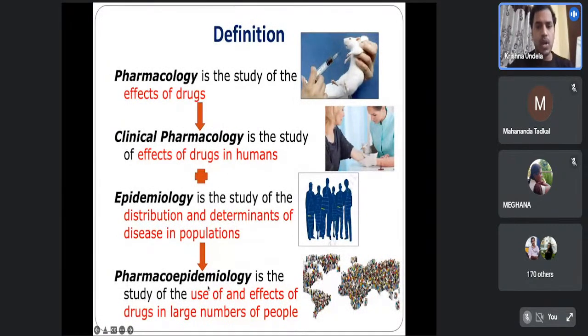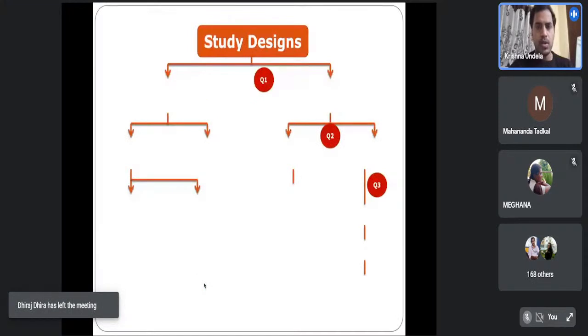We want to understand those effects by using pharmacoepidemiology. All pharmacoepidemiological studies come under phase 4, the post-marketing surveillance studies. That's the definition of pharmacoepidemiology.